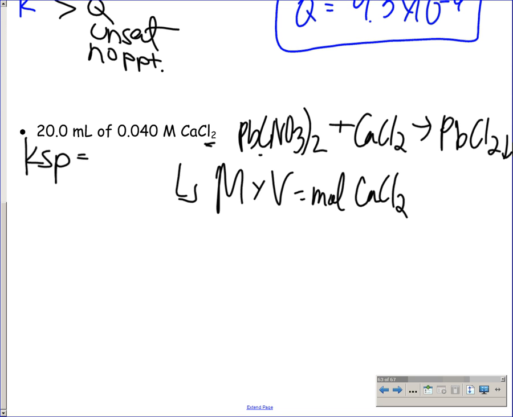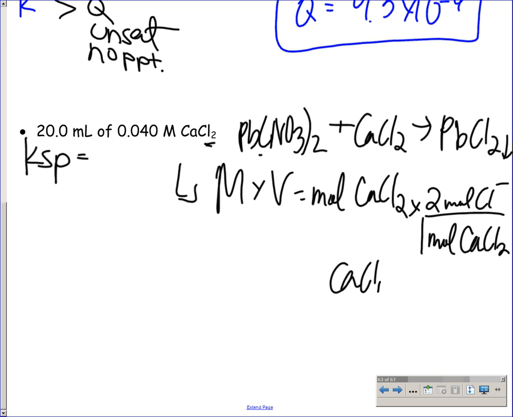So for every 1 mole of calcium chloride, you're going to make 2 moles of chloride ion, because calcium chloride makes Ca2+ plus 2 Cl-. So don't just take the molarity times the volume, divide by volume, and you're done. You've got to multiply it by 2 because you can make twice as many chlorines.